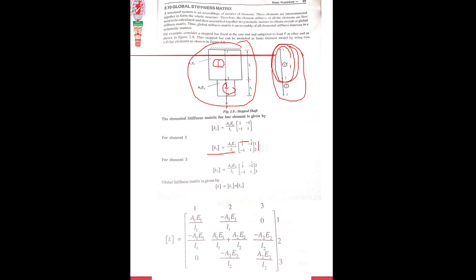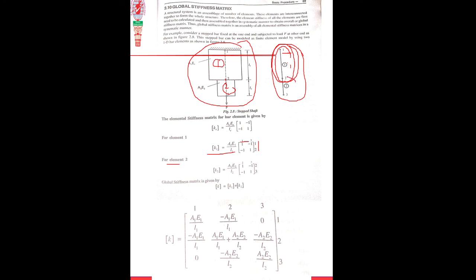This is element 1. Between which nodes is it? 1 and 2. Therefore, in the matrix, you have to write above the matrix: node 1, node 2. Numbering you have to give. For the row, 1, 2. For the column, 1, 2. Similarly, for element 2, the stiffness matrix becomes A2 E2 by L2 times [1 -1; -1 1].